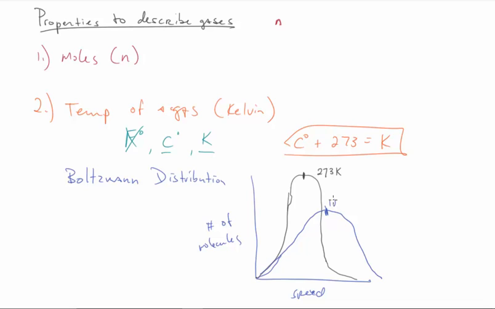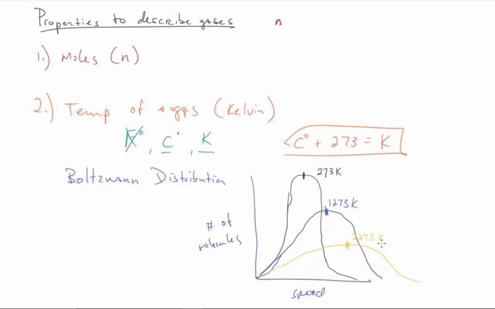Let's say maybe this is 1273 Kelvin. Notice it's just flattened out, so I've got more molecules moving at a higher speed. If we increase it one more time, we get this general flattening of the curve, and we'll say that maybe this is 2273 Kelvin.